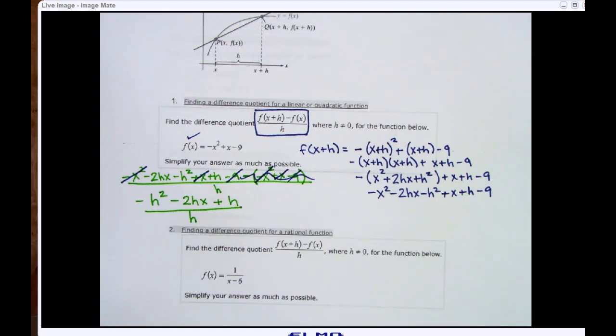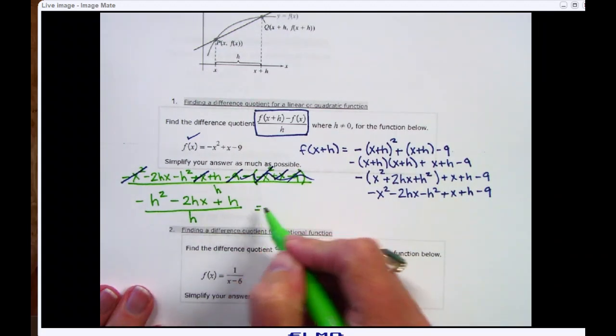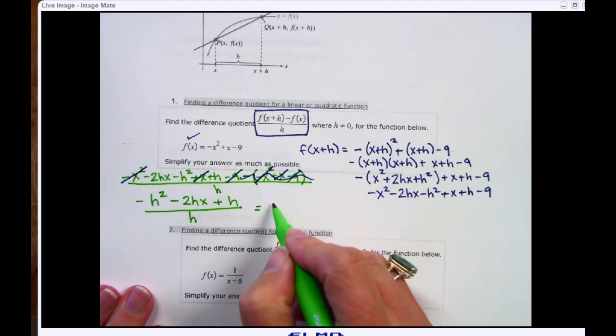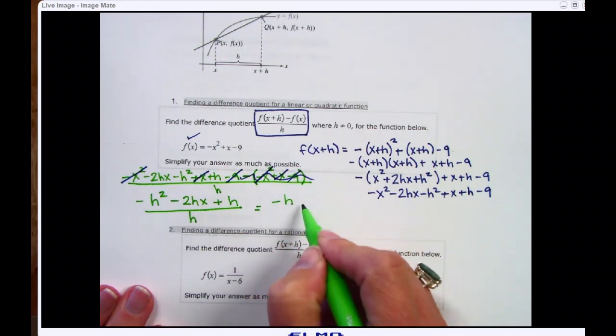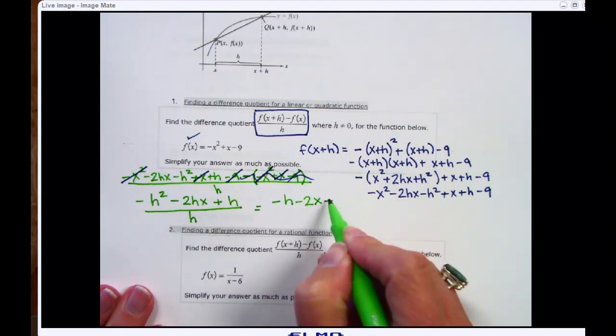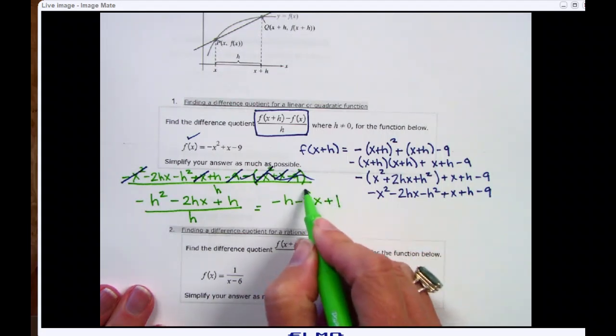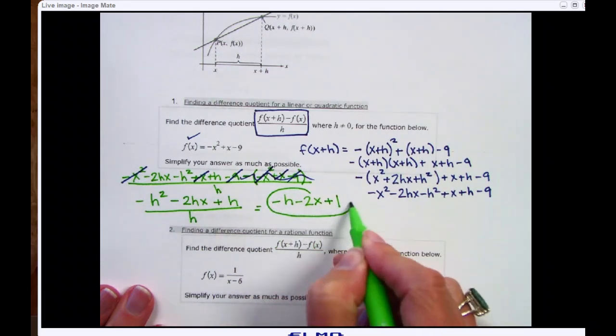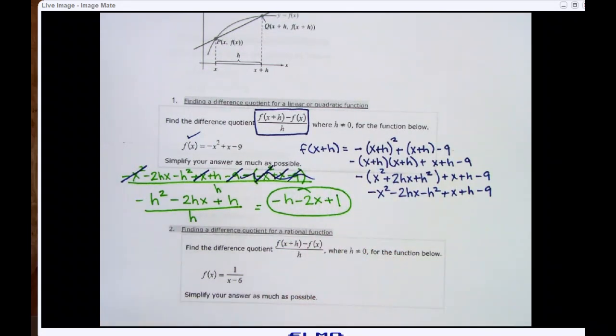We're going to reduce that h out of everything now. So that would be what? Negative h minus 2x plus 1. That's it. Yay, that's it.